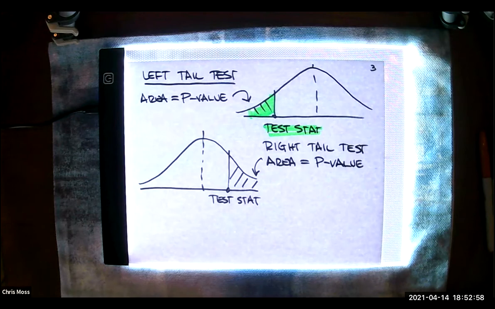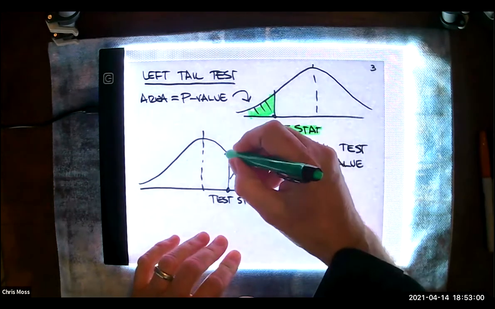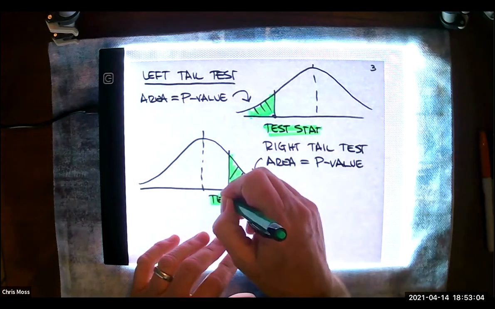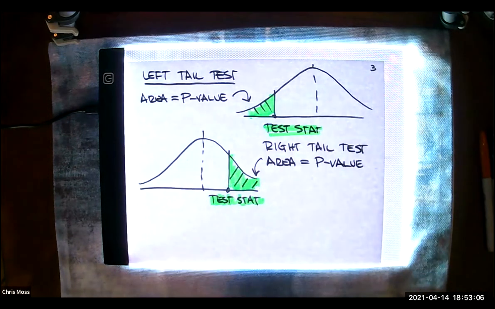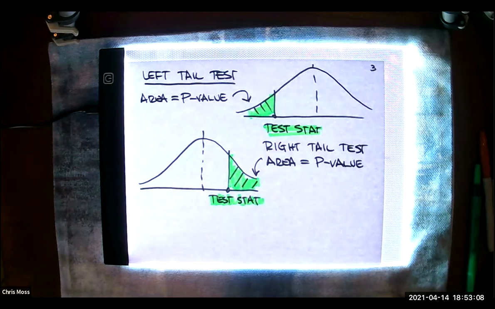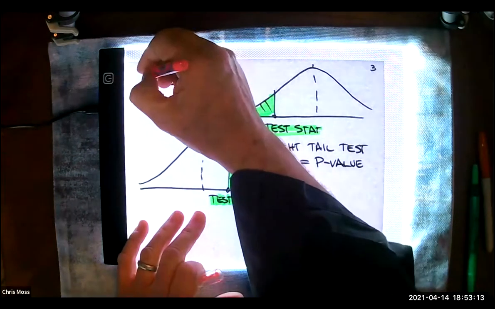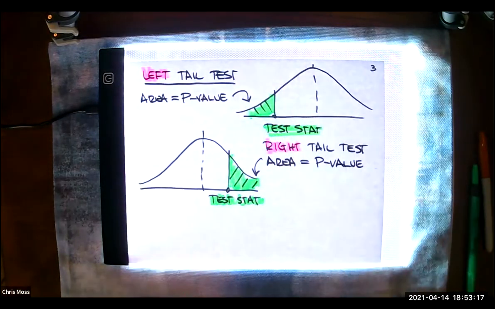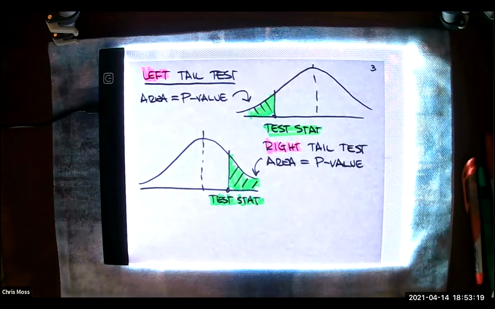For the right tail test, the p-value is the area to the right of that test statistic. So it's important to take into account the tail of the test, left versus right tail test.